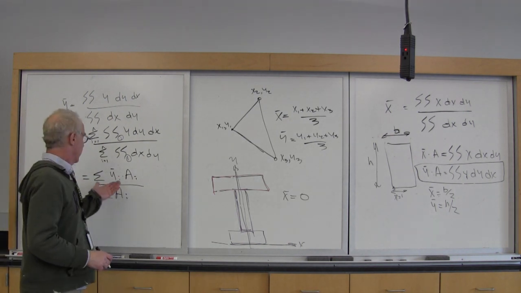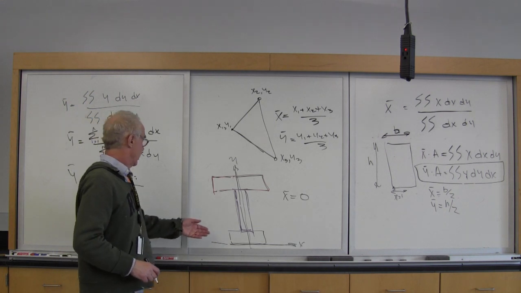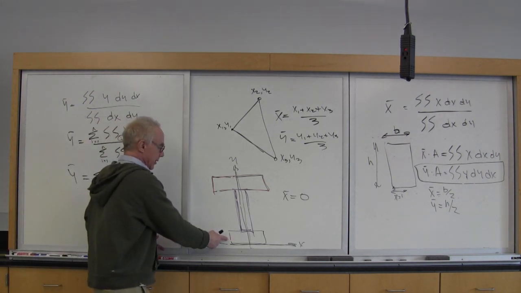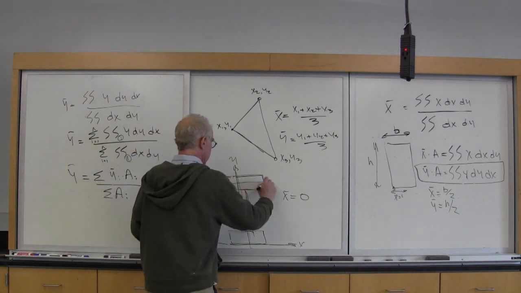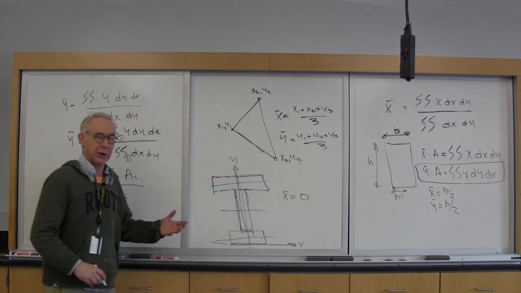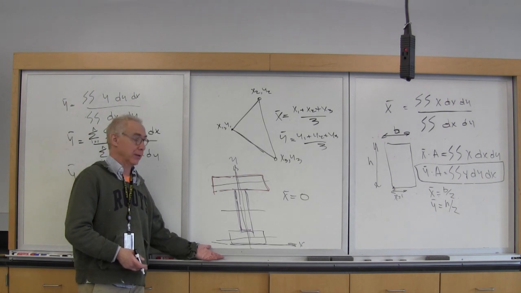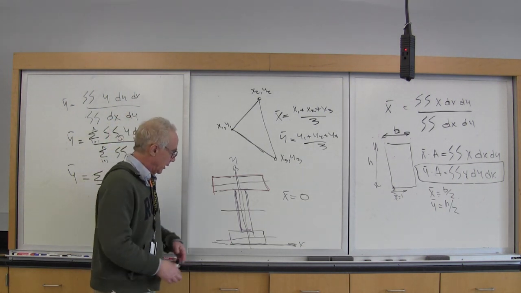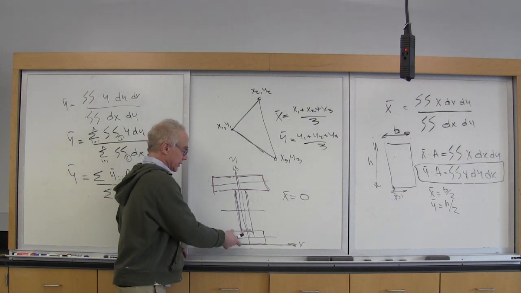We know how to find the centroid of each one of these pieces. It's simply the center here. And make sure you always measure it relative to the same origin location. So if we have our origin down here, our y value here will be just h over 2 of this rectangle.